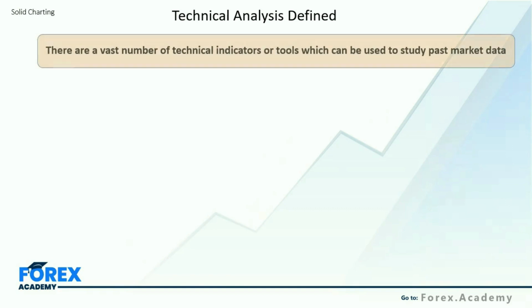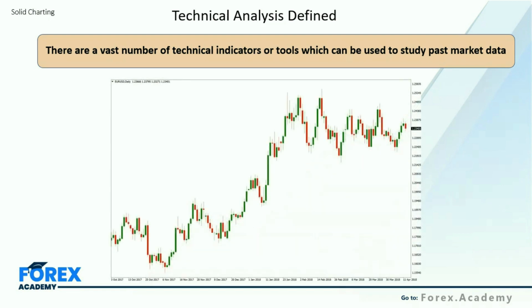So to explain it in a little bit more detail, of course, traders are very much aware that there is a vast number of technical indicators or tools which can certainly be used to study past market data. So with all of these price developments, traders can identify a whole variety of different tools that can effectively give that trader a particular edge or a little bit more confidence in some of the trades that they would like to be involved with.